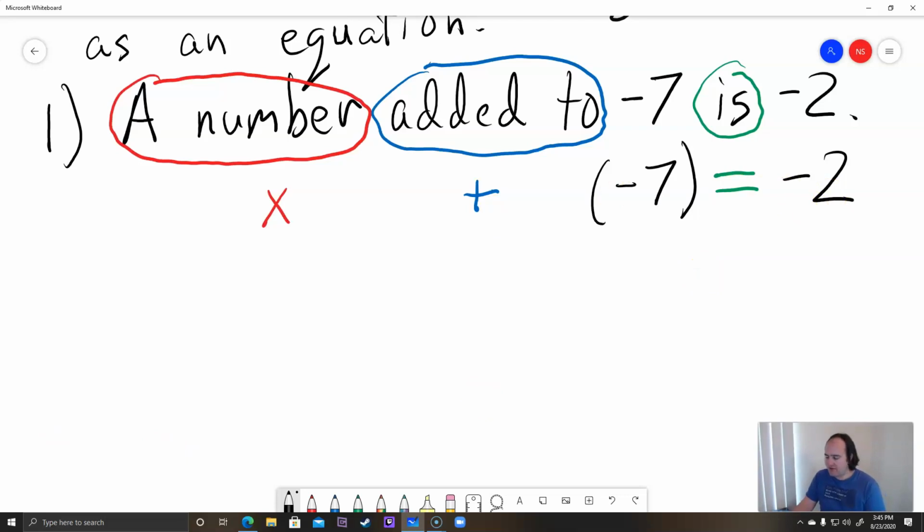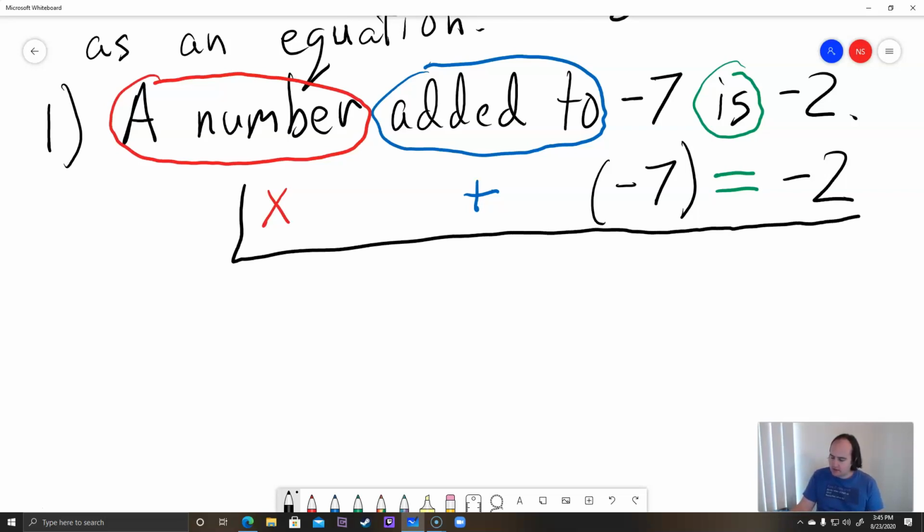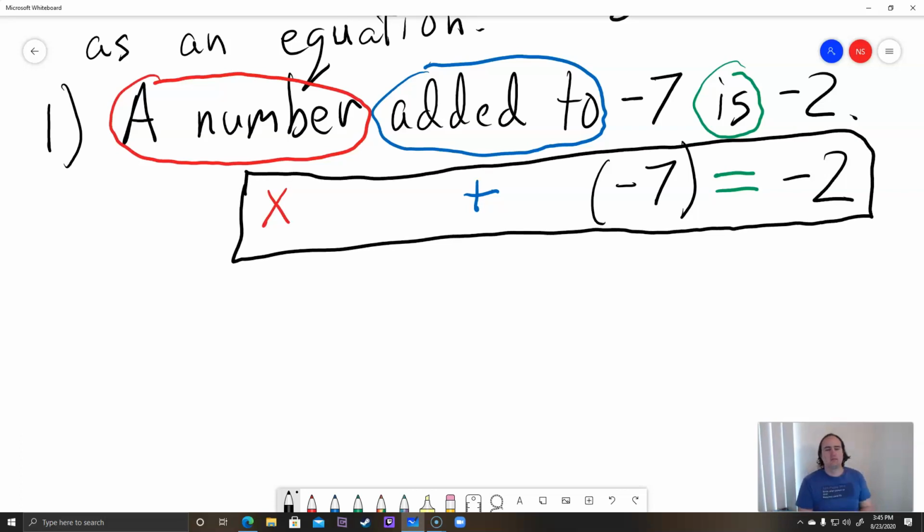You can simplify it a little bit, but I think this is how they would want you to leave your answer. So I'm going to go ahead and box that. And obviously you don't have to use different colors for each part of it. I'm just using that for my explanation. On some of the later questions, they're not just going to want you to translate, they're also going to make you solve the equation. But for now, in this question, they just want you to translate.